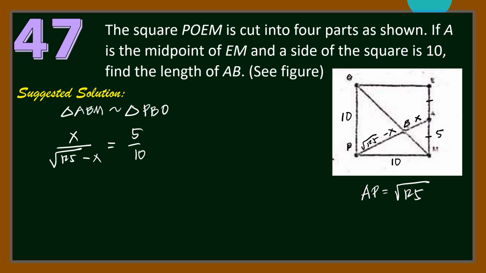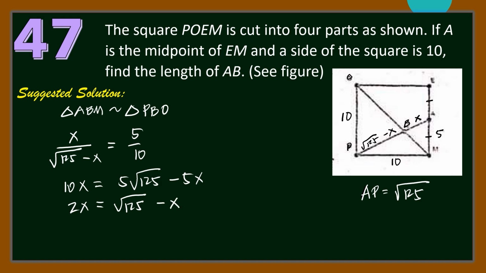Cross multiplying, we have 10x is equal to 5 square root of 125 minus 5x. Dividing all terms of this equation by 5, we get 2x equals square root of 125 minus x.